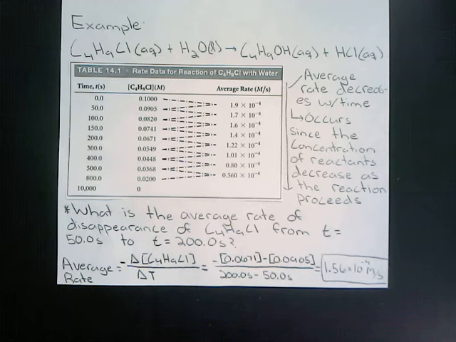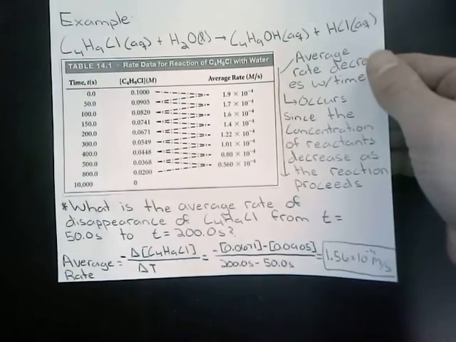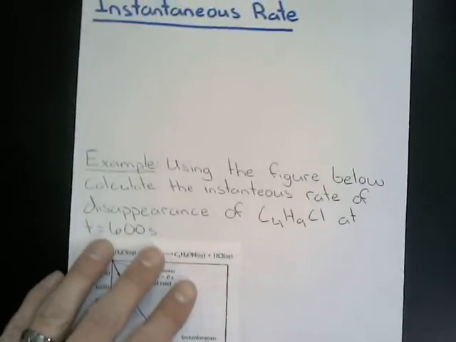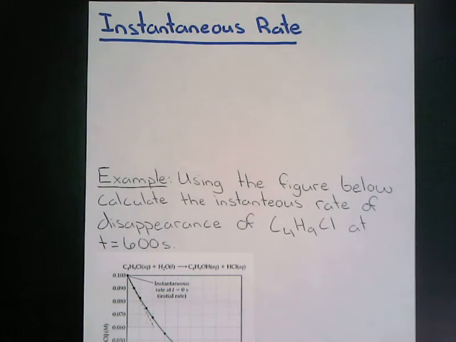All right, so now we can move on. We can talk about another term that is associated with chemical kinetics, and that term is known as the instantaneous rate. Our instantaneous rate is defined as the rate at any instant in time.